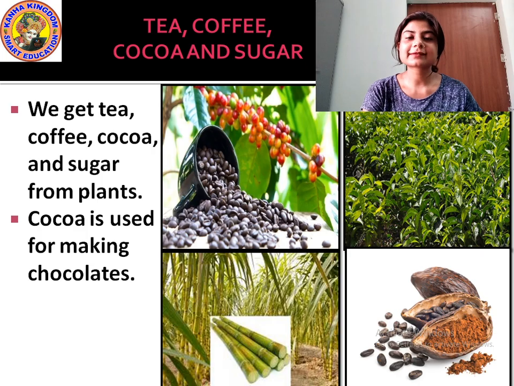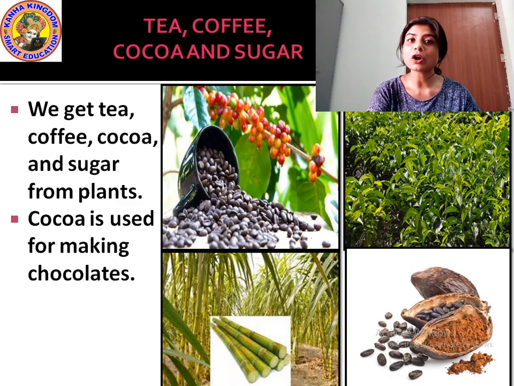Then now students come tea, coffee, cocoa and sugar. The tea, the coffee, cocoa and sugar, from where do we get them? We also get these things from plants. The tea and coffee that we drink are obtained from the coffee plant and tea plant. And cocoa is used to make chocolates.